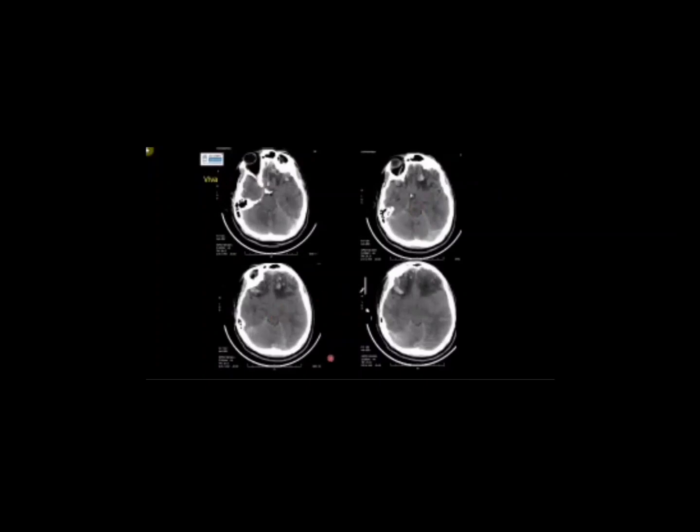No. So there is basically herniation, uncal herniation of the left temporal lobe, compressing the midbrain, and there is a possibility of infarcts due to compression of the vessels in this area.